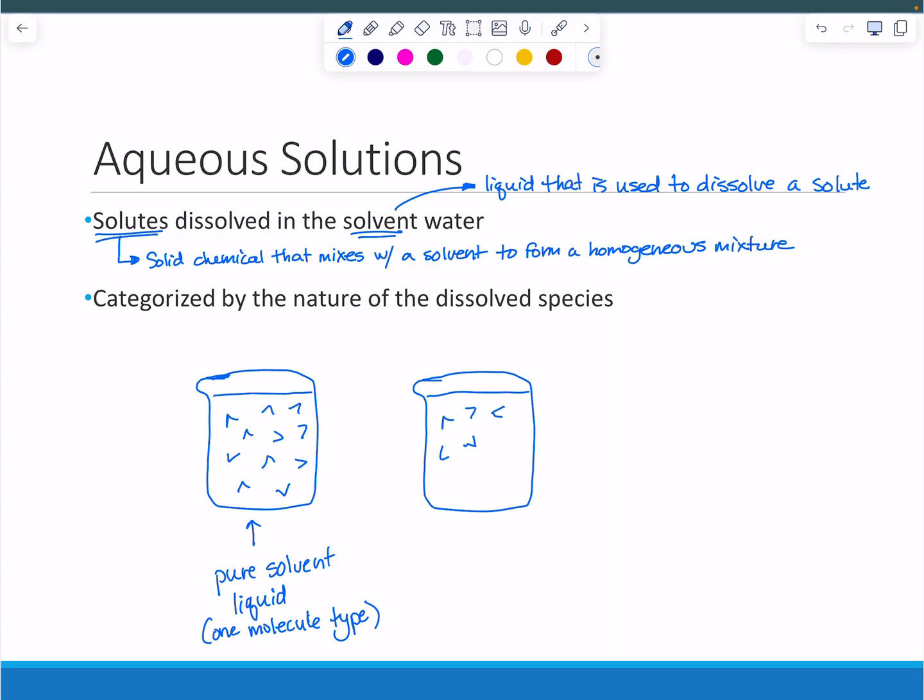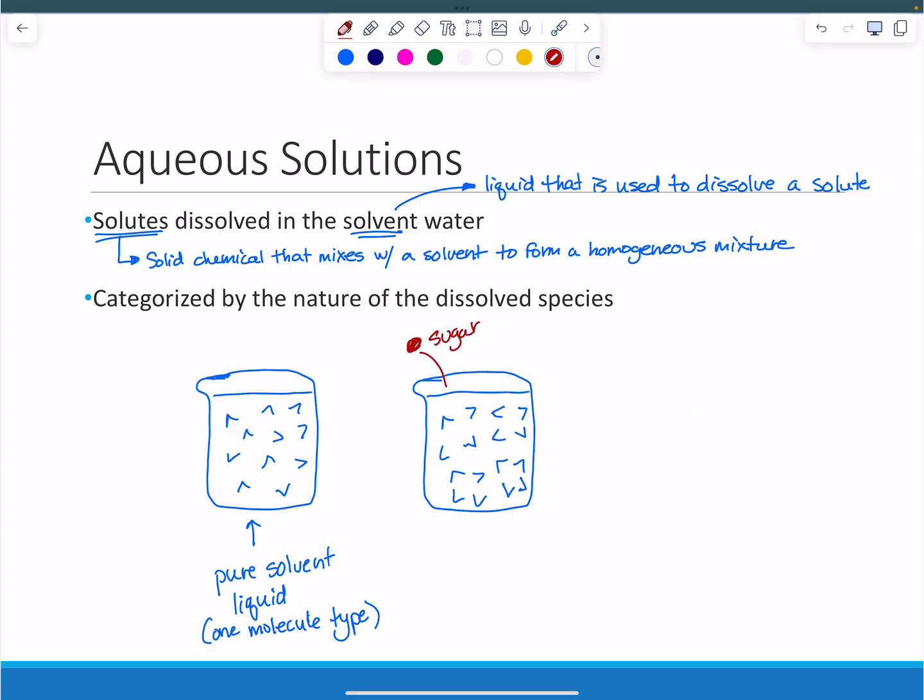So let's say I'm making Kool-Aid, right? And I have sugar in that Kool-Aid. The sugar is going to do what we call dissolve in the solvent, the water. Okay, so let's call this a sugar molecule.